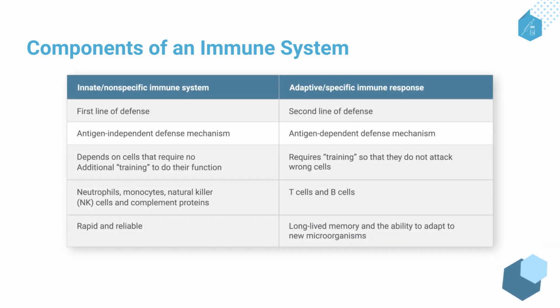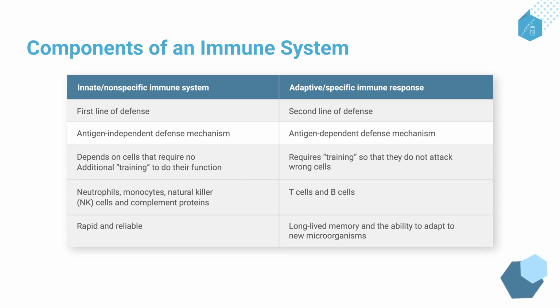Here is a comparative study between the innate and adaptive immune systems. Innate is the first line of defense, whereas adaptive is the second. Innate is antigen independent, while adaptive is antigen dependent. Innate depends on cells that require no additional training to function, whereas adaptive needs training so that those do not attack the wrong cells.